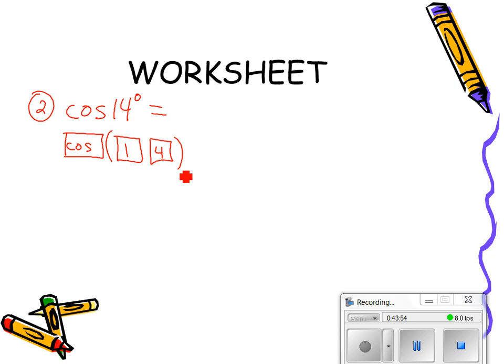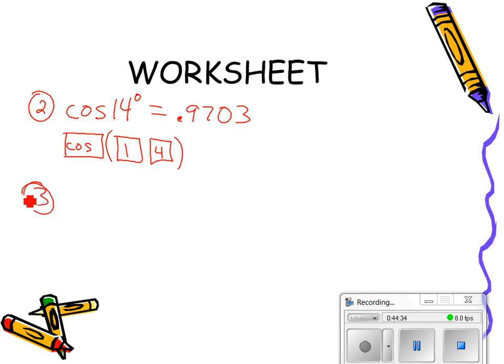You don't really have to when you're just doing this step. You should come up with 0.970, and then it goes 2, but then it's got a 9 after that, so we'll say 3. Go out 4 decimal places.